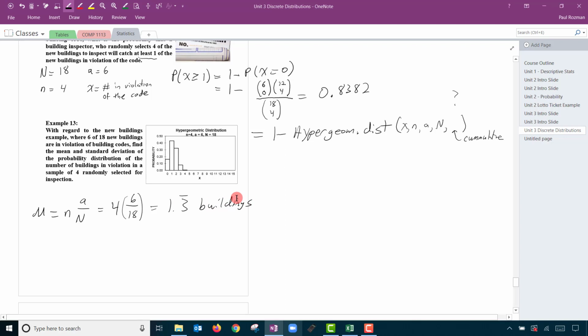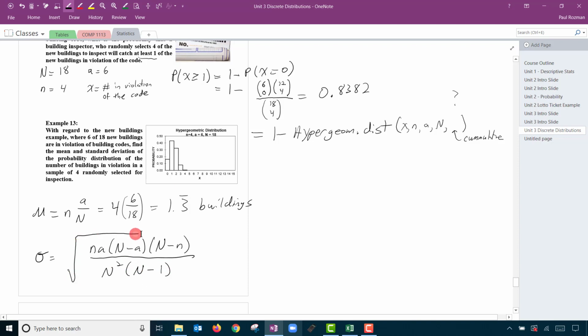The standard deviation is a little bit of a beast. It's the square root of little n(a) times capital N minus a quantity, capital N minus little n, I'll remember it, all over capital N squared times (N minus 1).